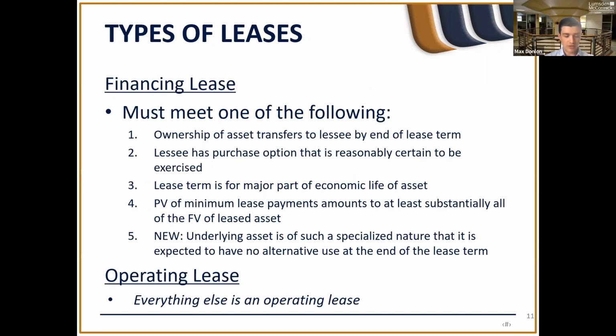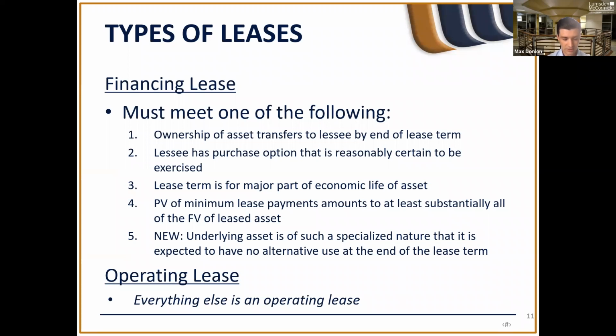So as Bob had discussed, under the current guidance, there have historically been two types of leases, your capital and your operating leases. Under ASC 842, there continues to be a two lease model approach. Those two types of leases being what is now known as a financing lease and the operating lease.